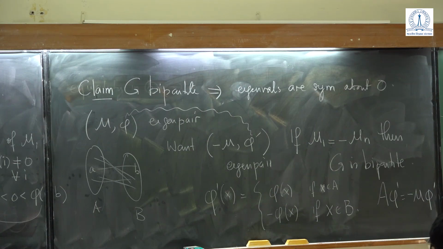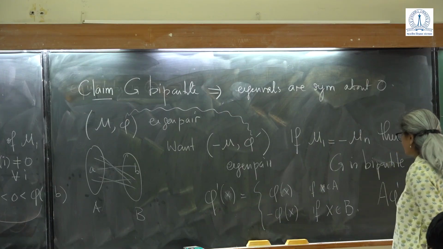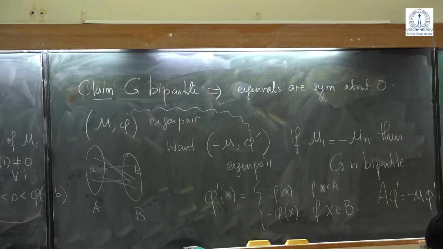Well, it's still not technically complete because there's a problem if phi is 0 in all of B. It's the same phi vector.